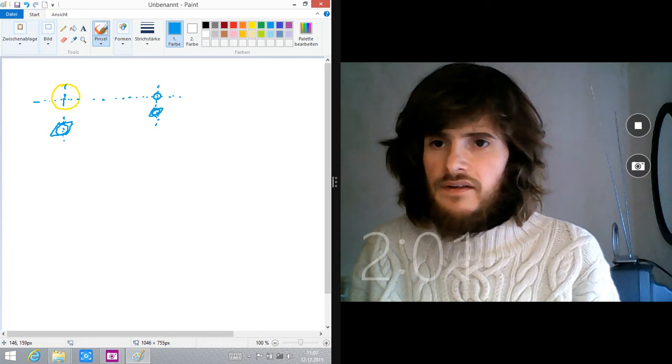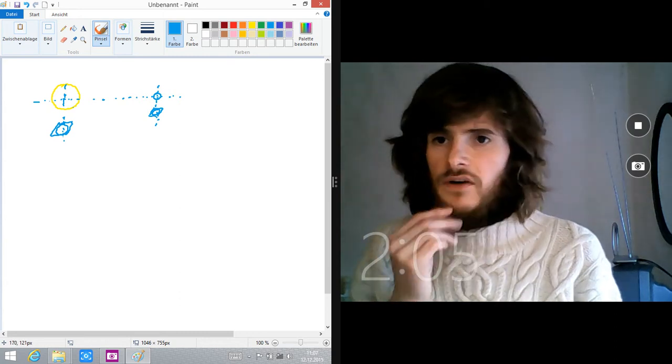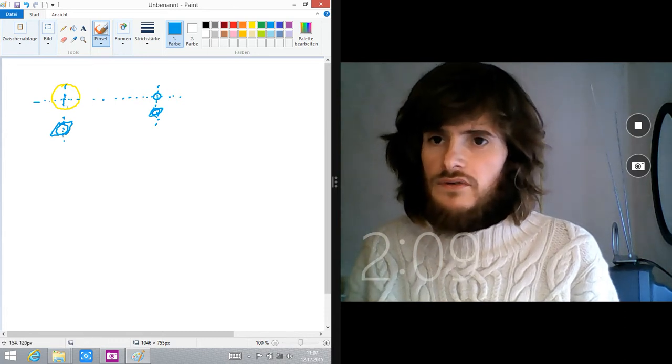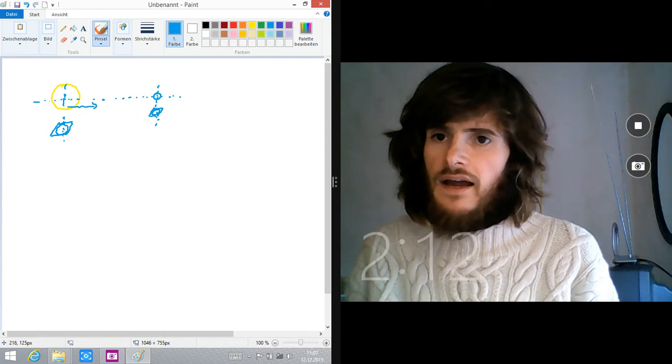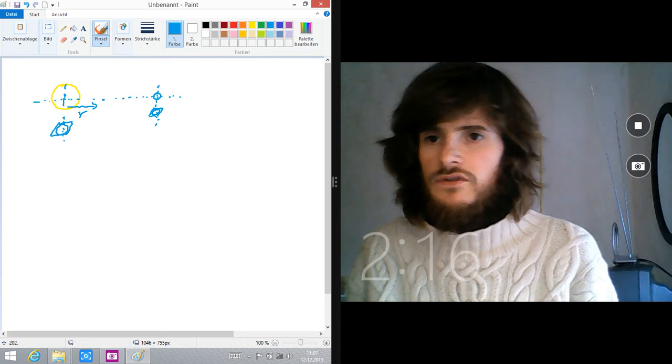And here we can see that this interaction gives us the possibility to calculate a velocity that is proportional to the distance, and not as for the Newton's law, which is indirect proportional to the distance.